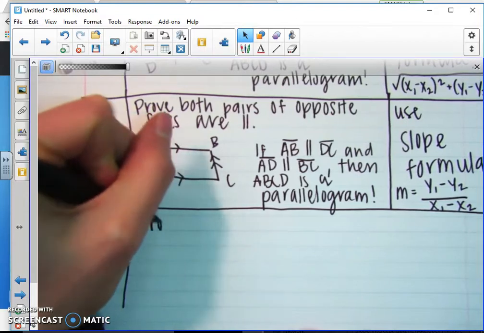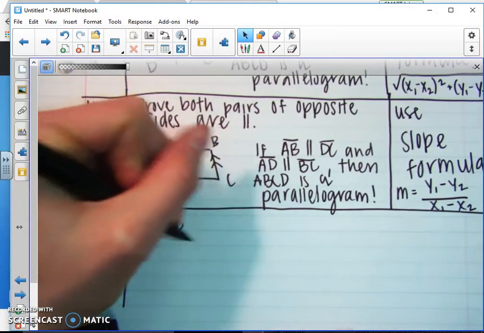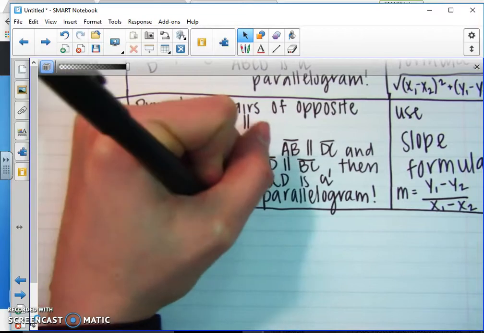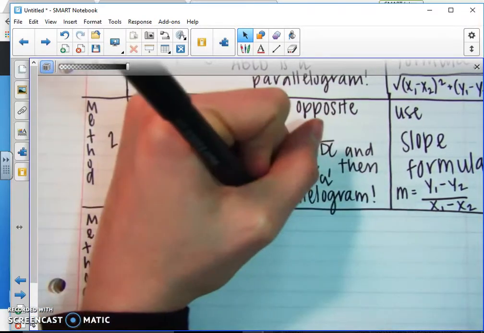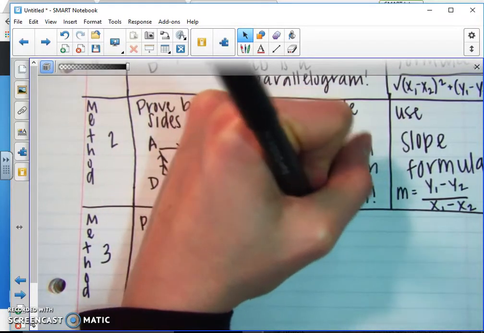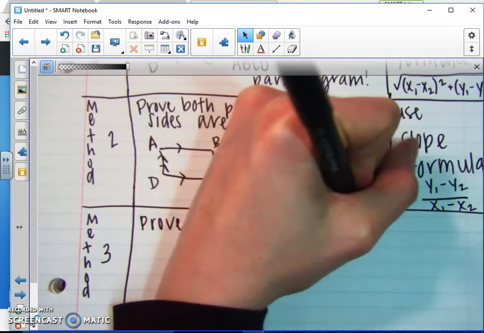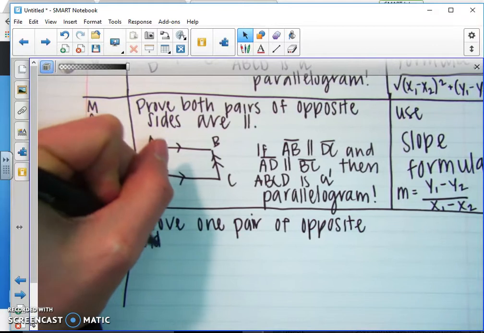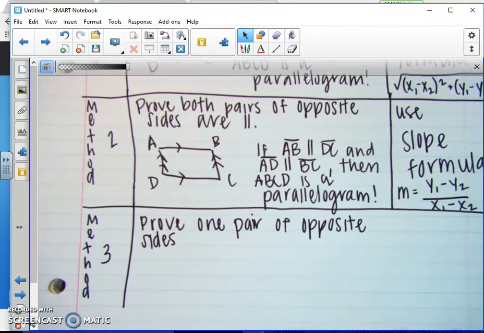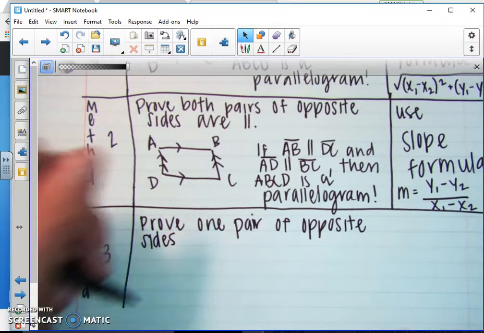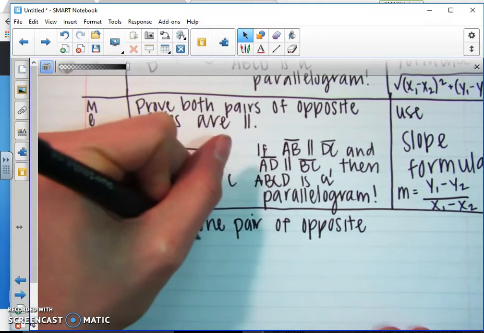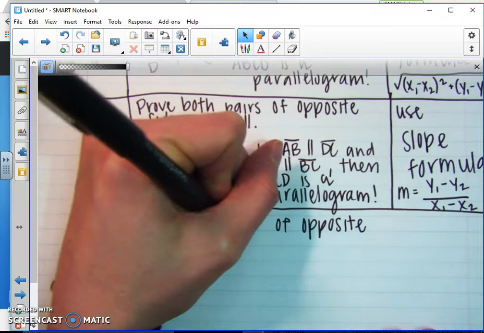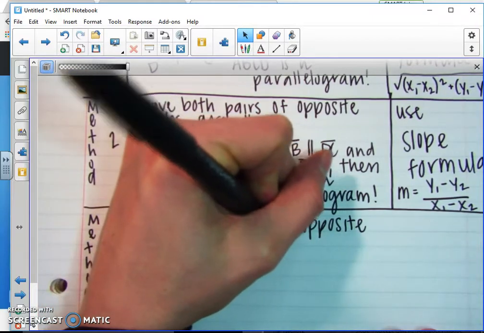We're going to prove that just one pair of opposite sides is both congruent and parallel.